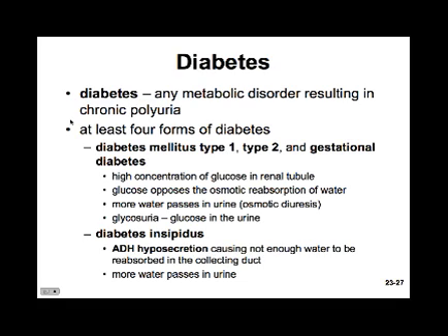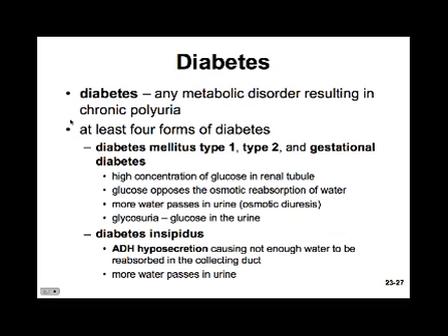It's called osmotic diuresis. And thus we'll see glycosuria as well as very high quantities of water, which can be dangerously dehydrating. Diabetes insipidus, however, is a result of ADH, antidiuretic hormone, hyposecretion, so not enough antidiuretic hormone.